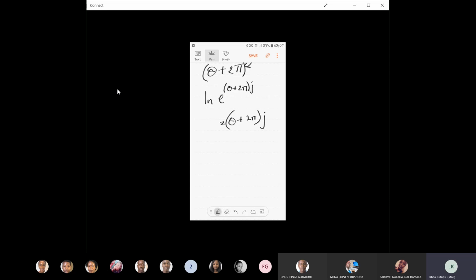Now, when I draw my plane over here, I can say, give me an angle. Let's say I have my complex number over there, and this is theta. Theta can be written in several ways.